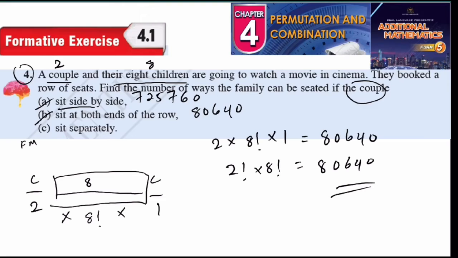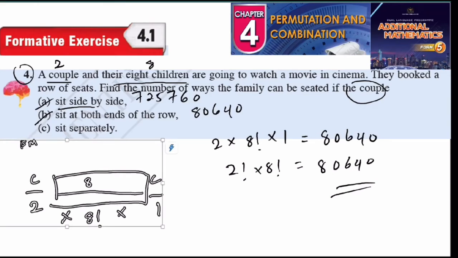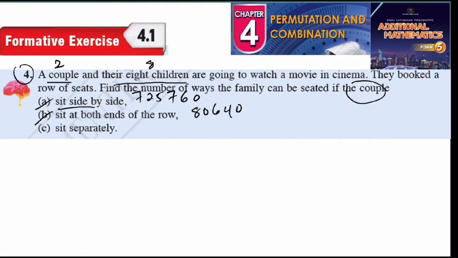For C, we are asked to find the number of ways the family can be seated if the couple are sitting separately. When sitting separately, we have to use the complement case. That means we use the number of ways to arrange all the objects, considering that the couple can sit anywhere they like.